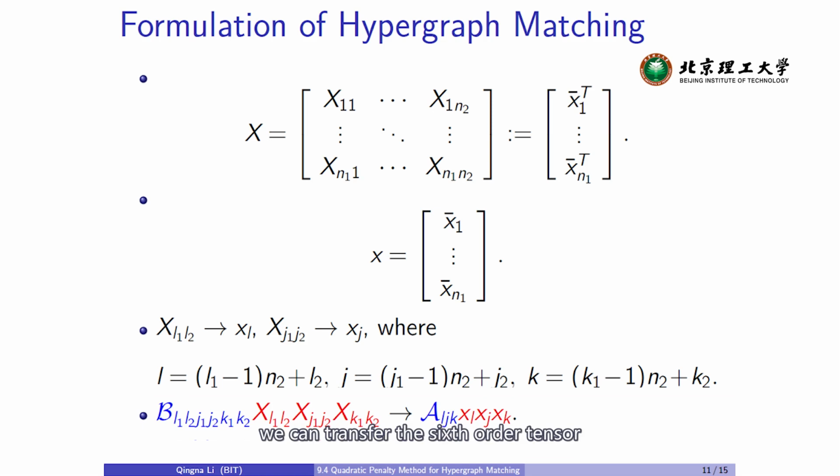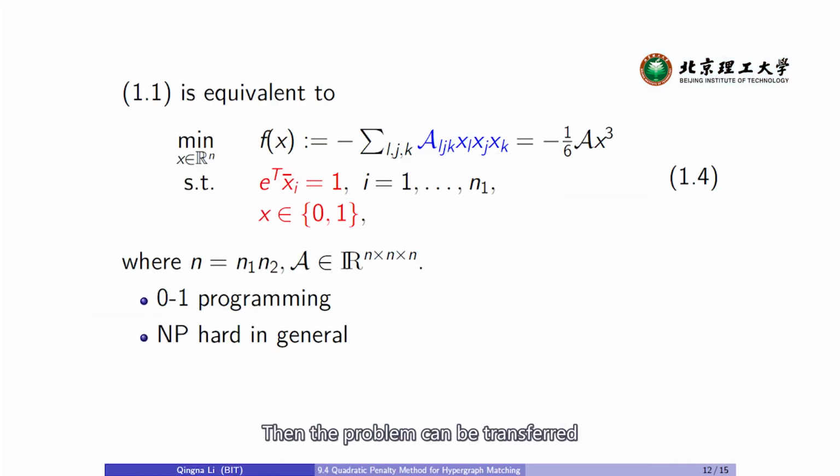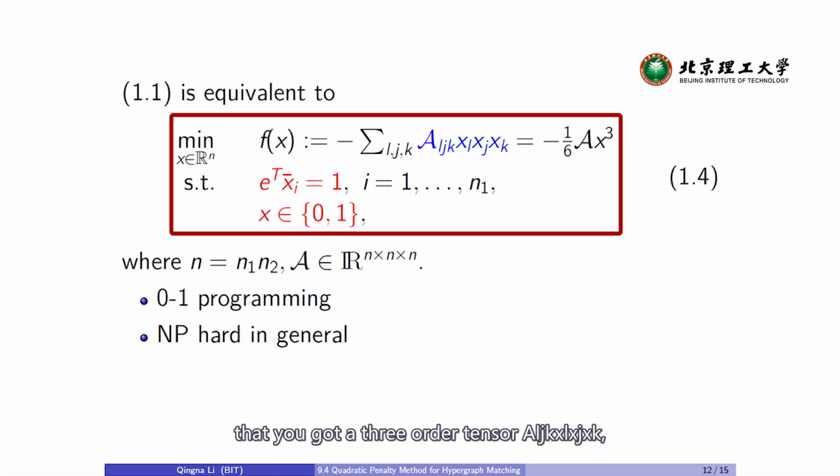Similarly, we can transform the 6th-order tensor into a 3rd-order tensor by the same calculation. Then the problem can be transformed into a neater form, where you have a 3rd-order tensor A_{ljk} multiplied by x_l x_j x_k, and the sum of them. And we also transform it into a minimization problem by adding a minus. Okay? So this is the objective function.